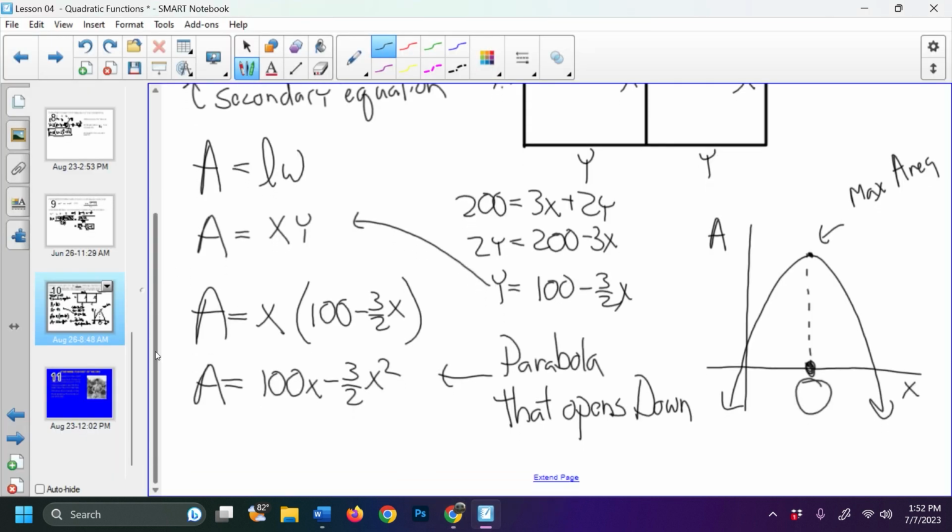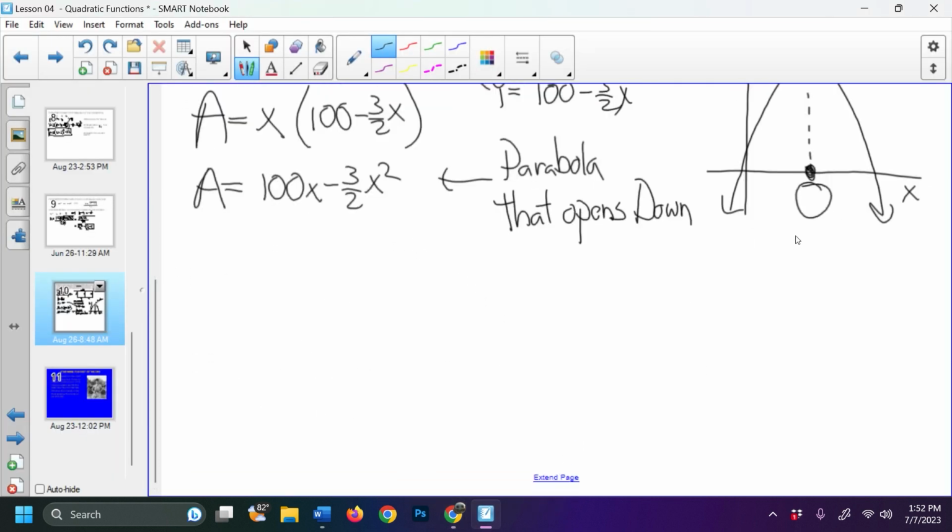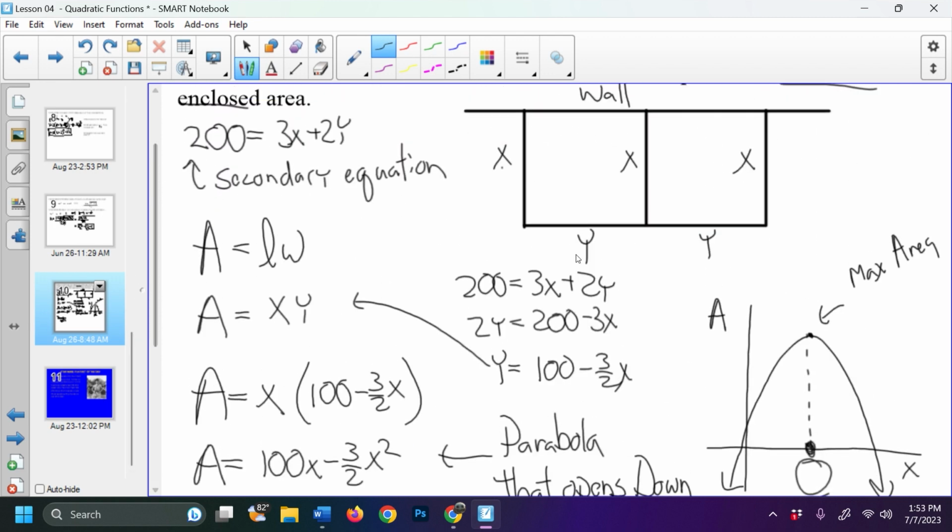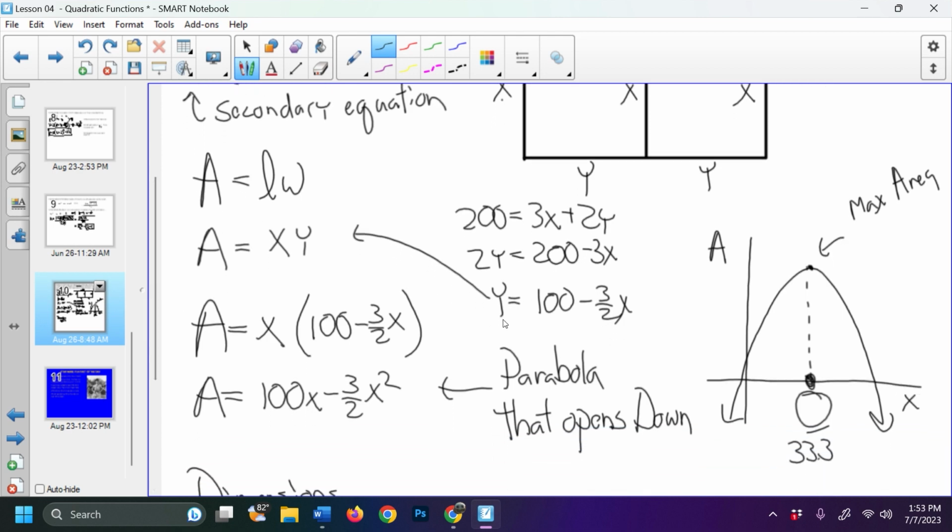I know that the maximum x value is 33 1/3, 33.3 repeating, and that is the x. So my dimensions will be 33 1/3 feet by, now I need this y value here, and even though we've done a whole lot on this one, it's real simple.